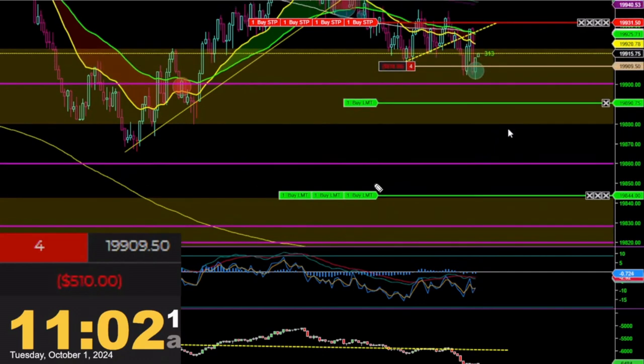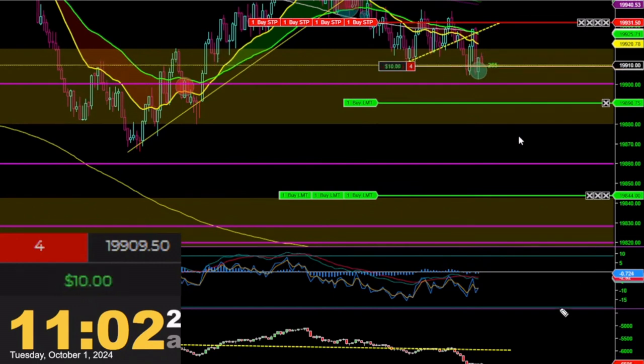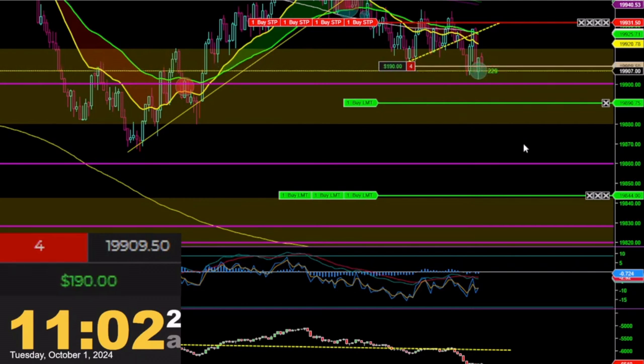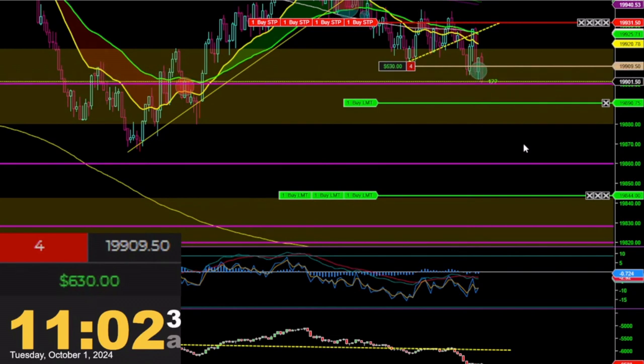I had a little hesitation there for a second, but still good. So that's why I put it back. No reason for it. Again, this is live trading, so you're going to get nervous a little bit, especially when you put that amount of contracts on.